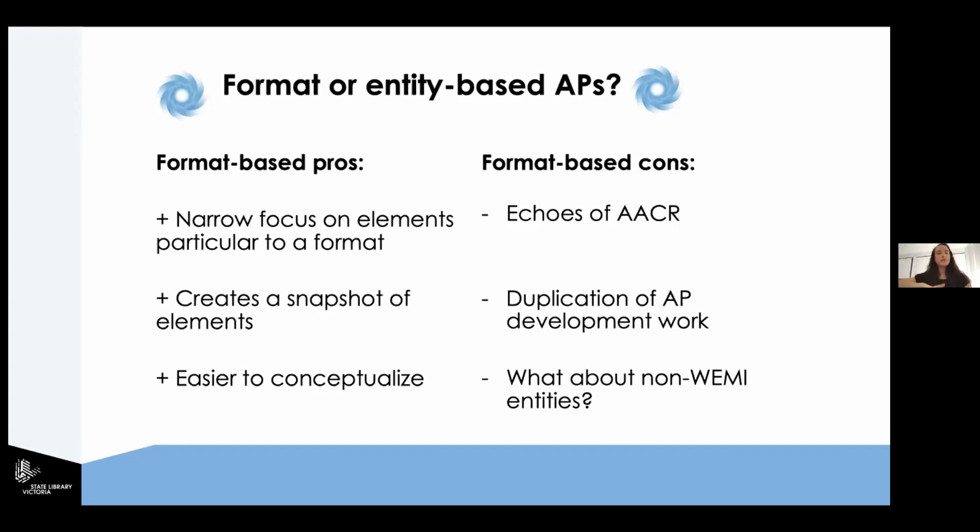then you've defined manifestation level application profiles, and you can have them based on formats like one for monos, one for diachronics, one for cartographic images, and having them like that in conjunction with having entity-based APs, which would cover off the work that you do with authorities when you're describing a person, a family, a corporate body, a place or time span.